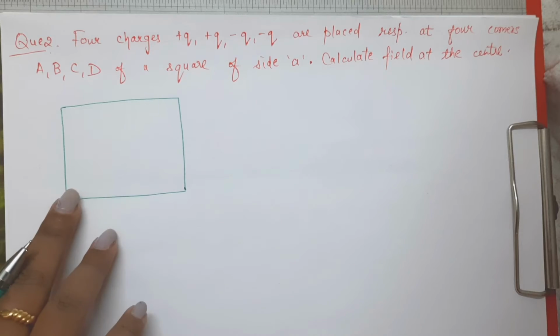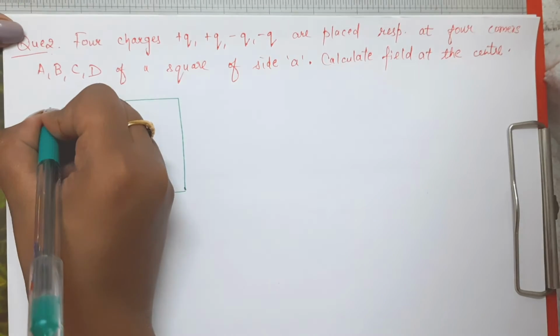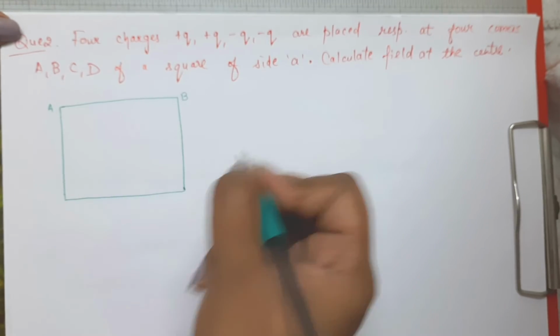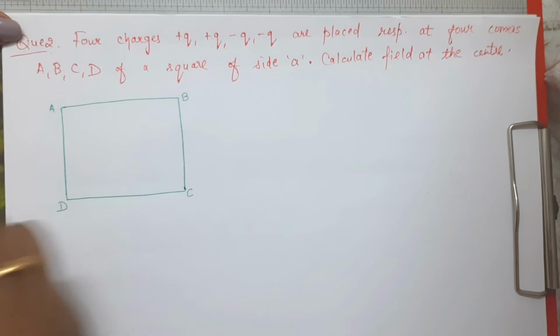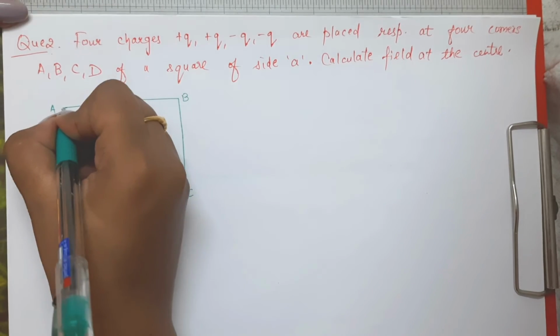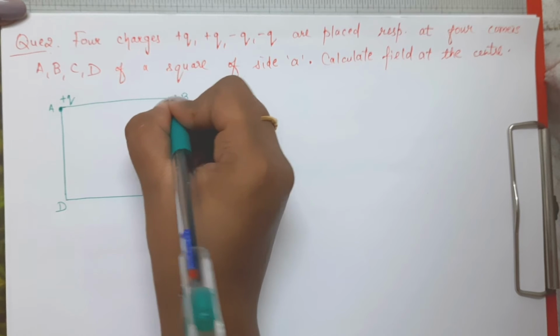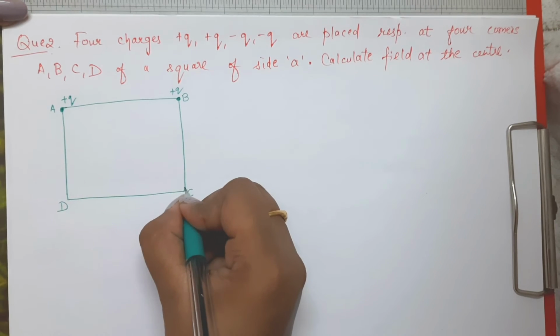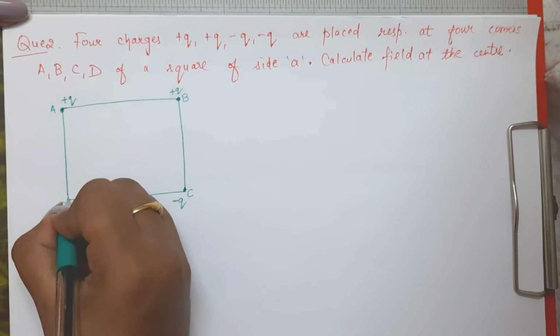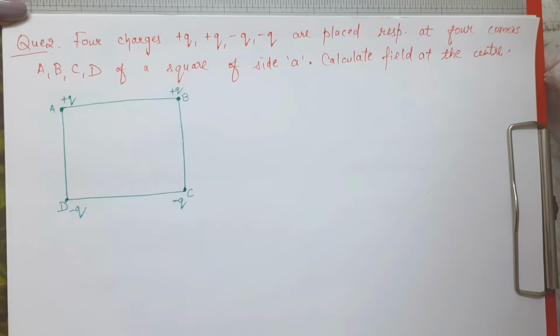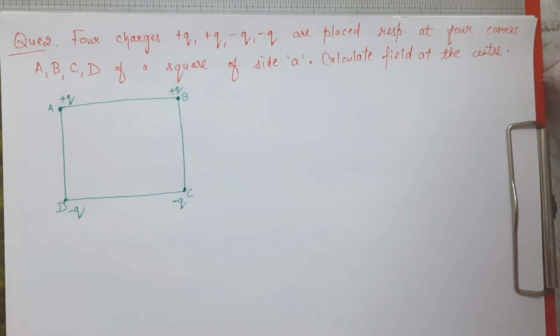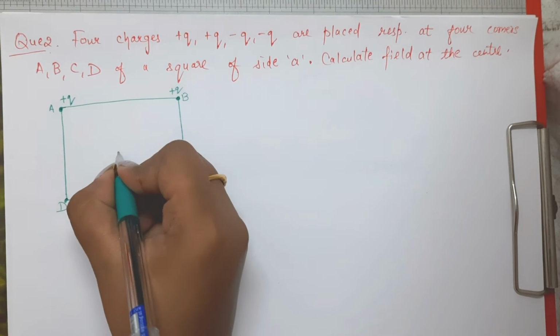So this is a square. We have 4 points A, B, C and D, and 4 charges are placed. Suppose plus Q is placed here, plus Q at B, minus Q at C and minus Q at D. We have to find the net field at the center.